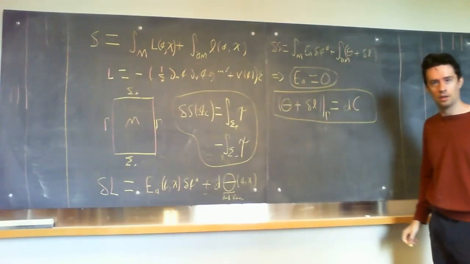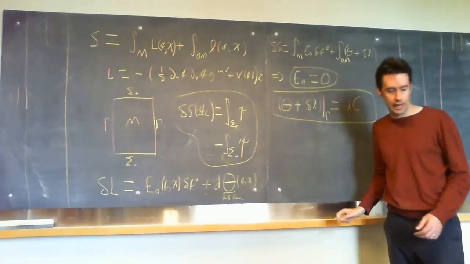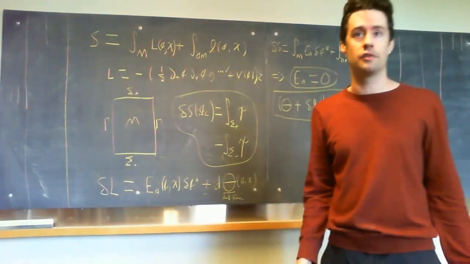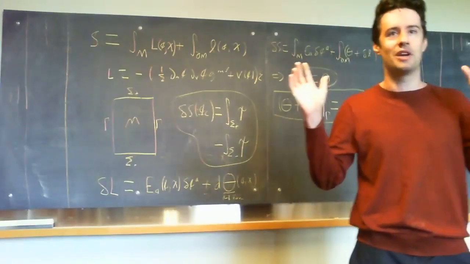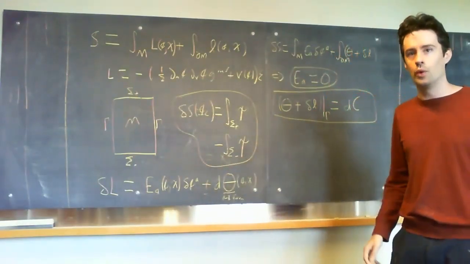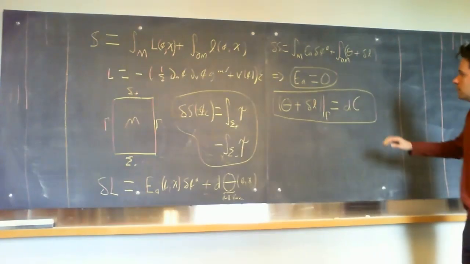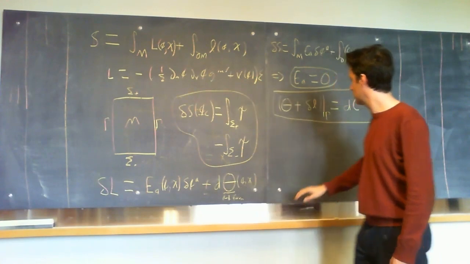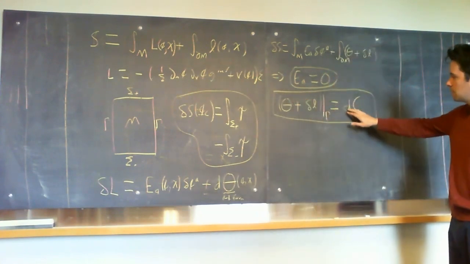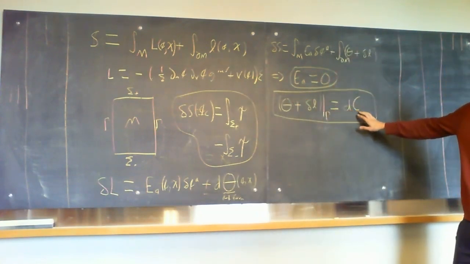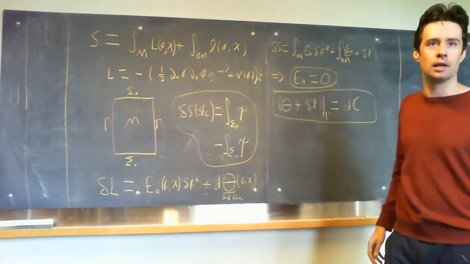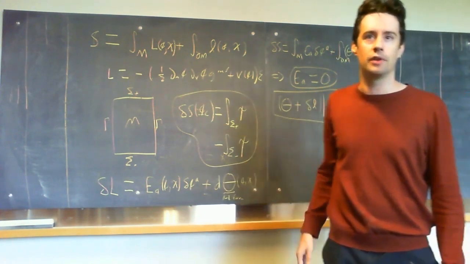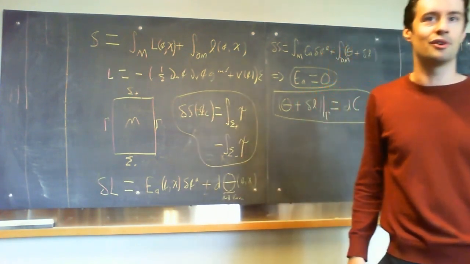The claim is that in order to have a consistent Lagrangian formulation of the system, and so far we're just doing Lagrangian, we haven't done any Hamiltonian, the L appearing here and the theta that comes out, when I move them to the boundary, must be equal to d of C, where C is some locally constructed d minus 2 form. I'll give an example of this C in a little bit so that it looks more concrete.